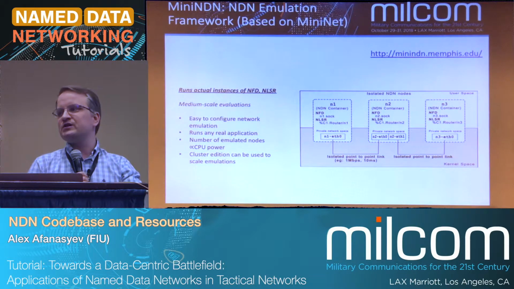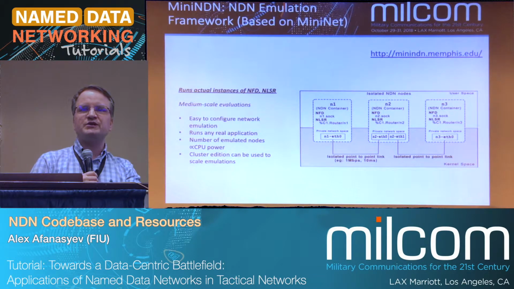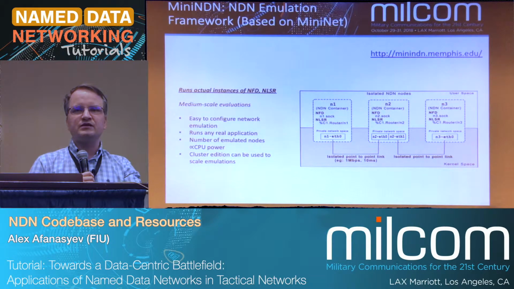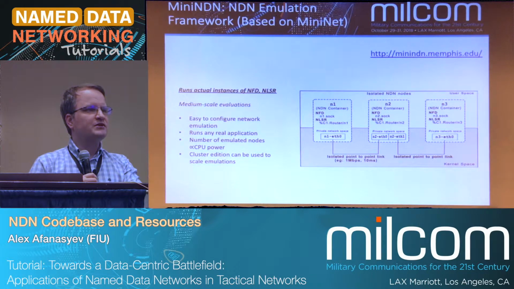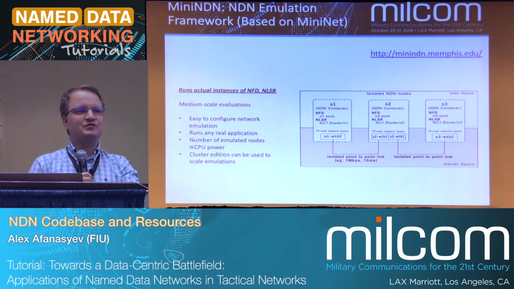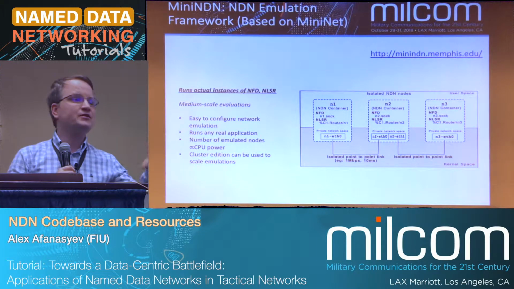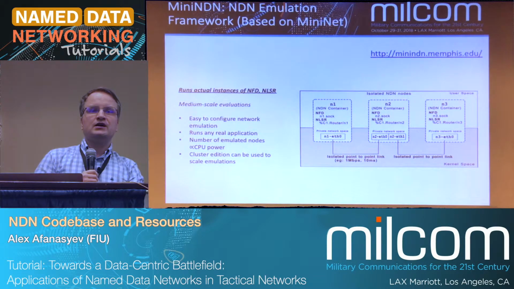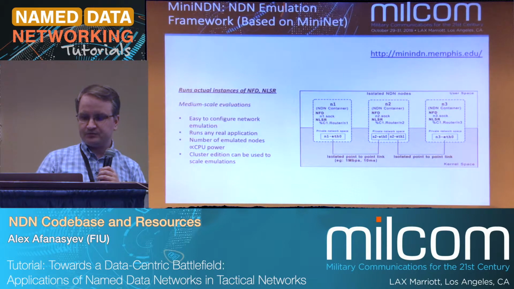The original version was targeting point-to-point or Ethernet-capable links. There is an extension, MiniNDN-WiFi, to support emulation of Wi-Fi links. I'm not sure what the status is, but it's in the works, and hopefully it will be available soon. There are a few problems with that.